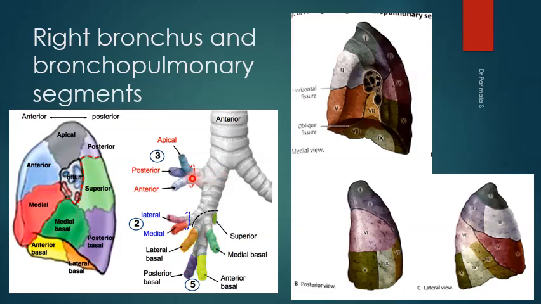And before it enters into the hilum, this eparterial bronchus is given off. It passes upwards and laterally for 1 centimeter and then divides into 3 tertiary bronchi. So in this image we are seeing the 3 tertiary bronchi: apical, posterior and anterior.